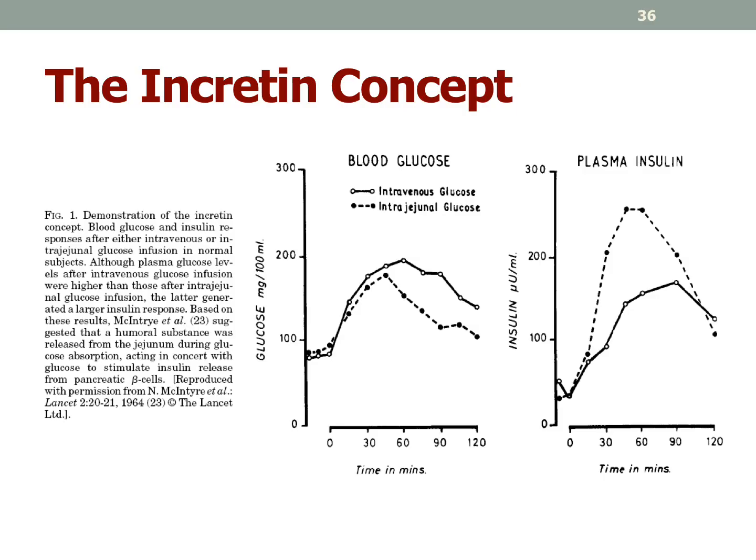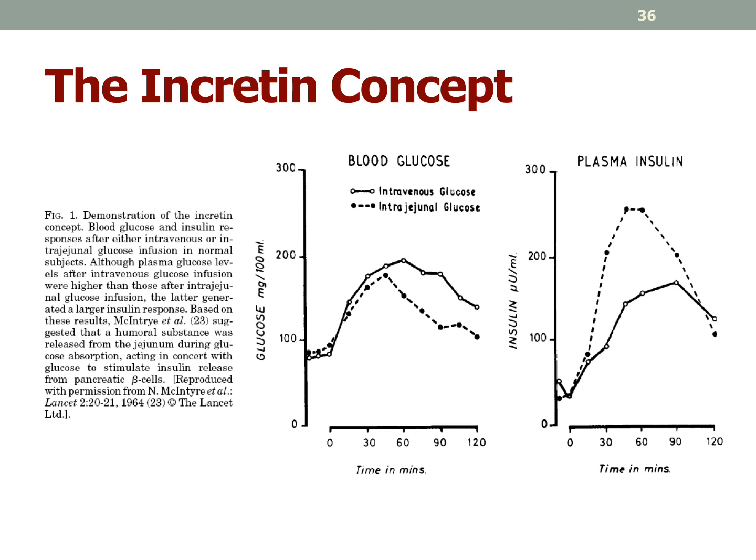The incretin concept was first discovered in 1964, when maybe your parents were not yet even born. They discovered that if you give sugar intravenously, the dotted lines, versus taking it orally, that's why it says intrajejunal, they achieve almost the same blood glucose level.